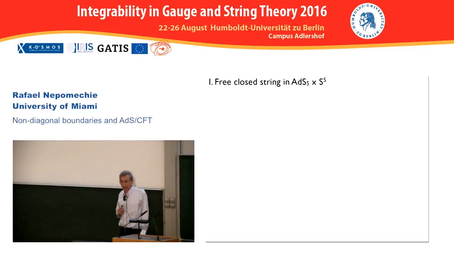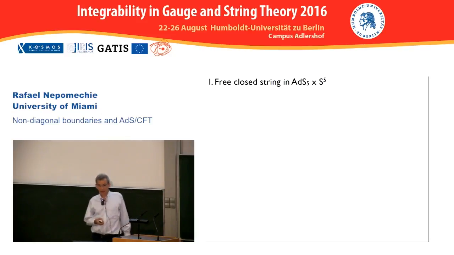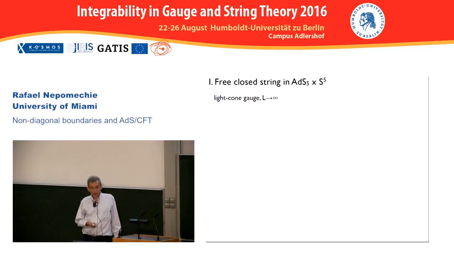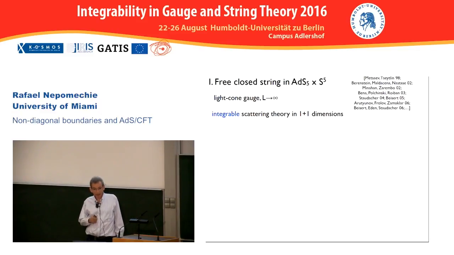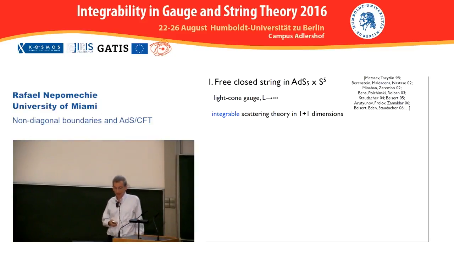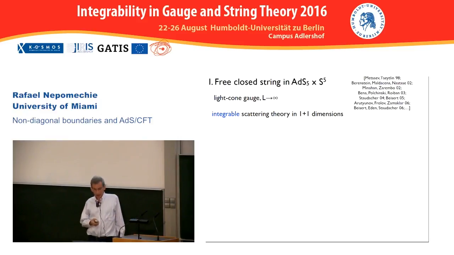Okay, so let's begin with this review of the free closed string. So we all know, as a result of the effort of many people, most of whom are in this room, that if you work in the light cone gauge and take this decompactification limit, this closed string can be regarded as an integrable scattering theory in one space and one time dimension.